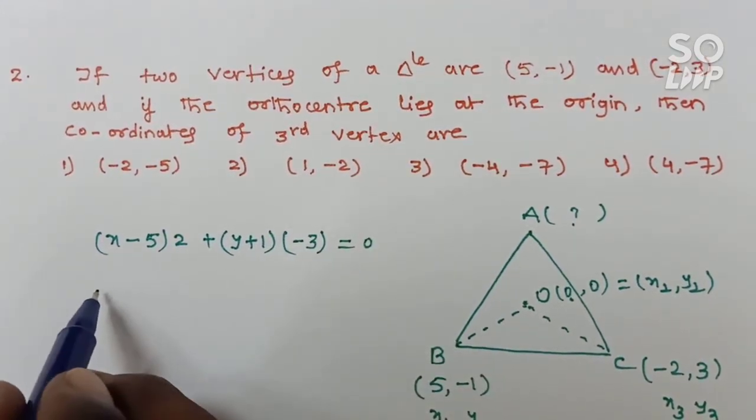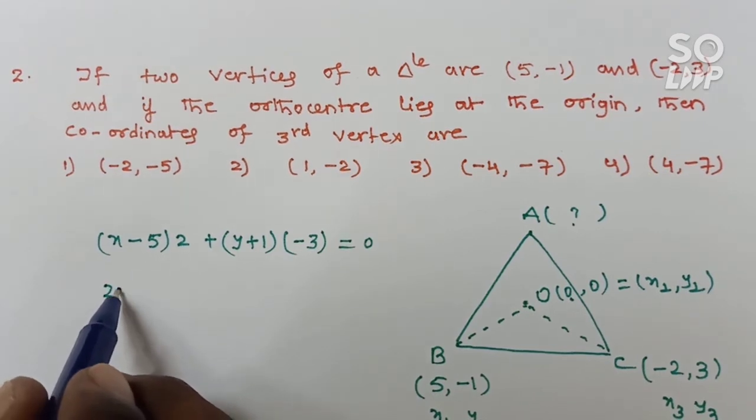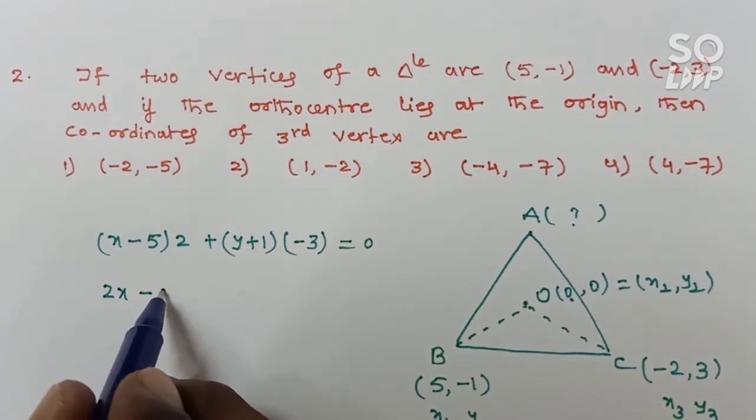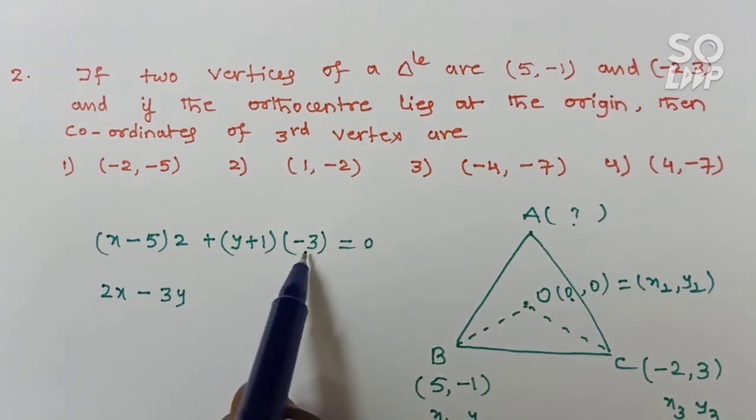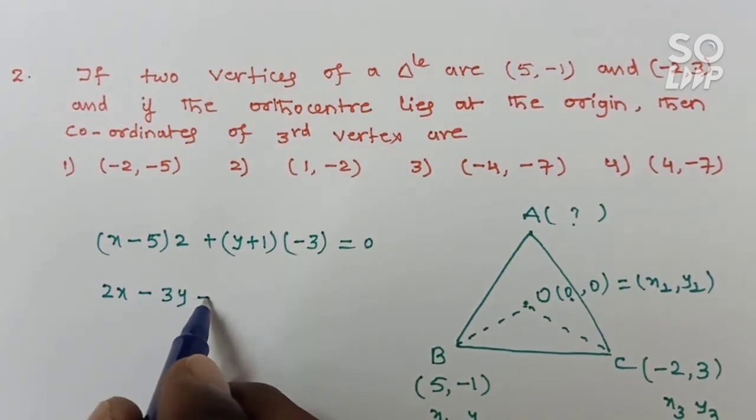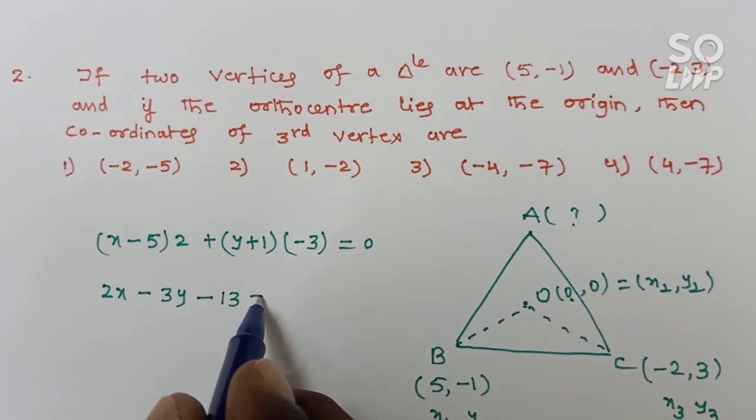By simplifying this one, you will get 2x minus 3y minus 10 minus 3, that is minus 13, equals 0.